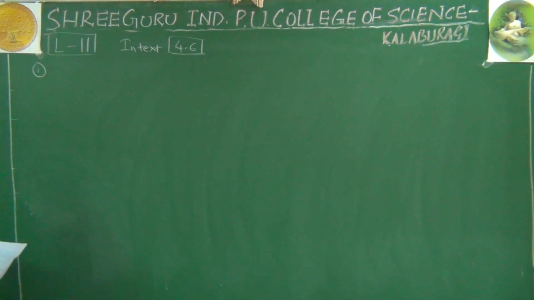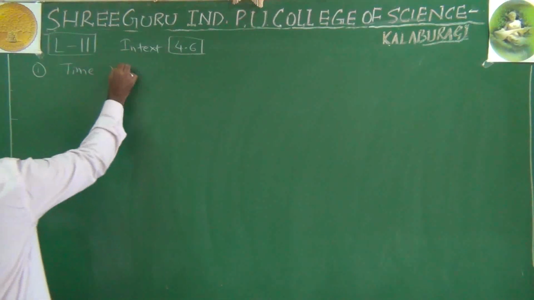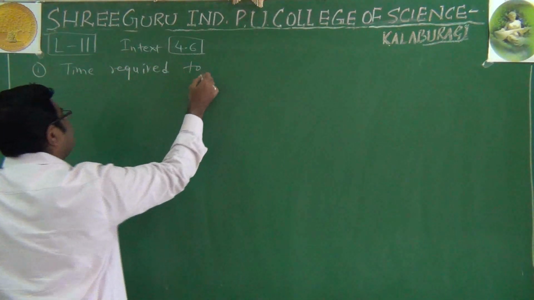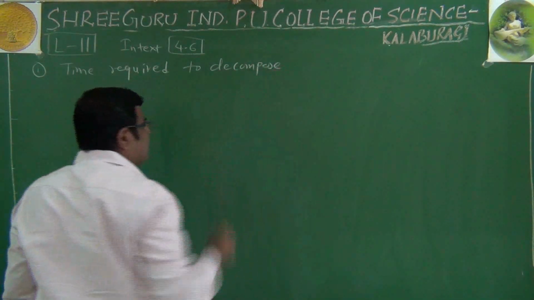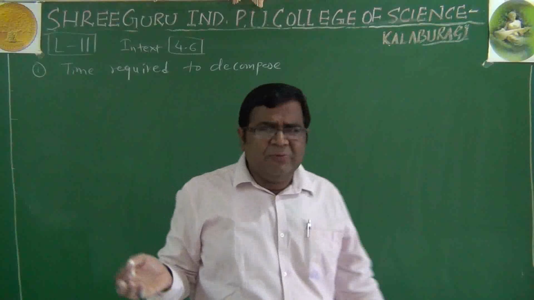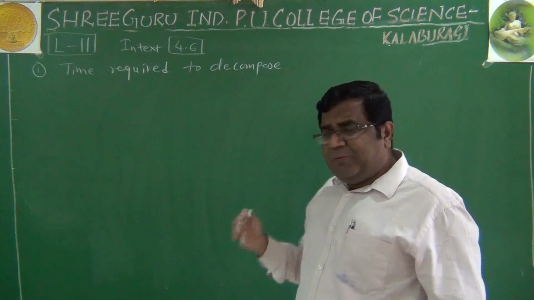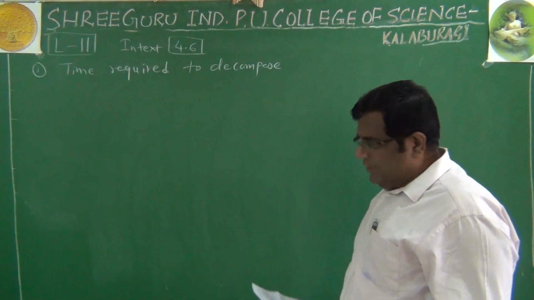The question is: time required to decompose. If you have the textbook, you just open the textbook, read, and start solving, because before me, if you solve, your confidence will be at a better level.